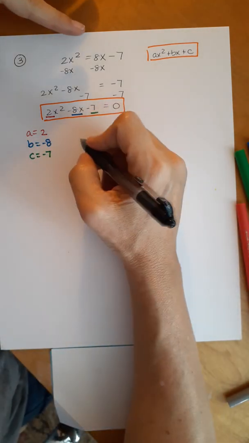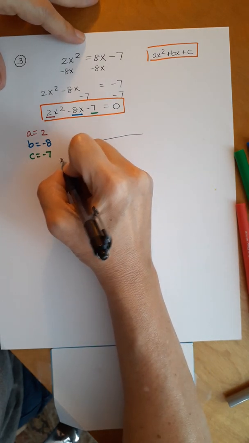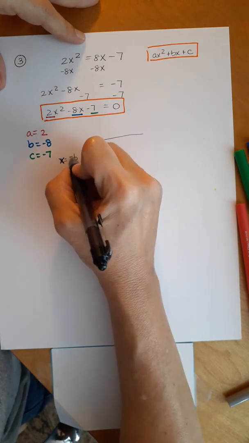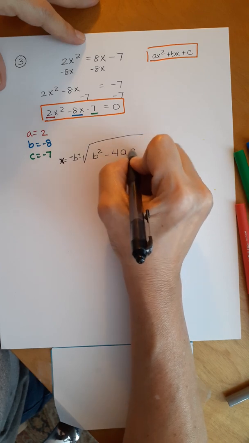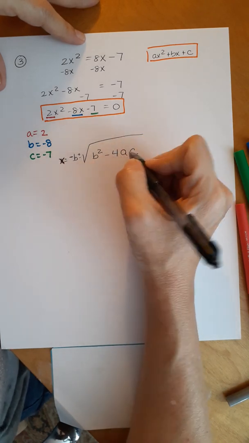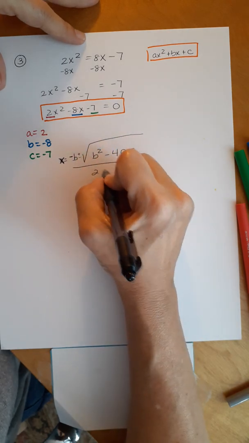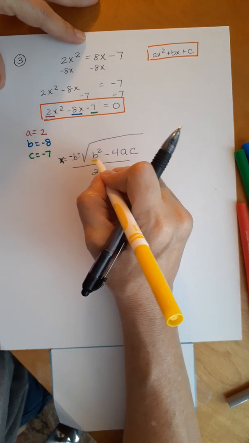I'm going to write it again. X equals, it's not a star, it's an X. X equals negative B plus or minus the square root of B squared minus 4AC. This is the discriminant. This is going to give you the hint of how many solutions it has. All over 2A. So let's work with this discriminant first.